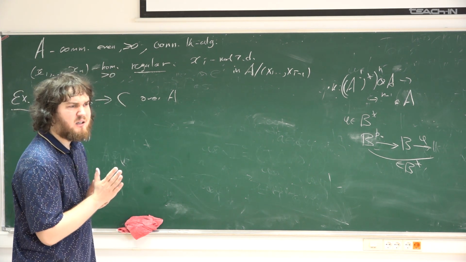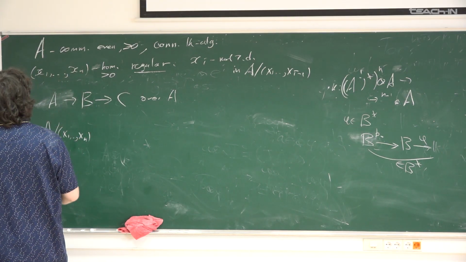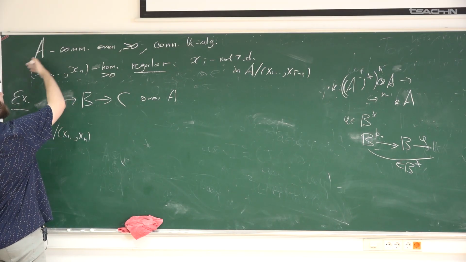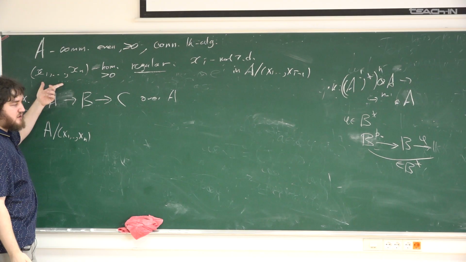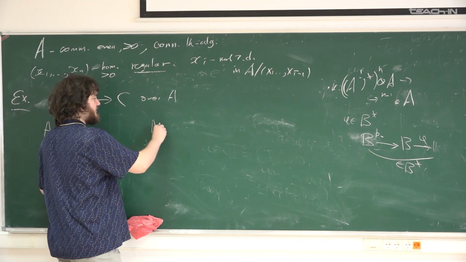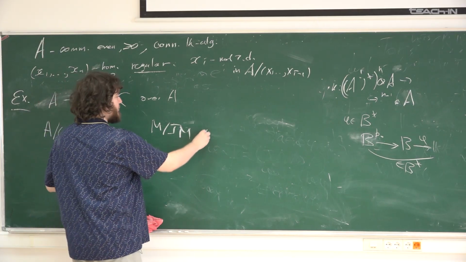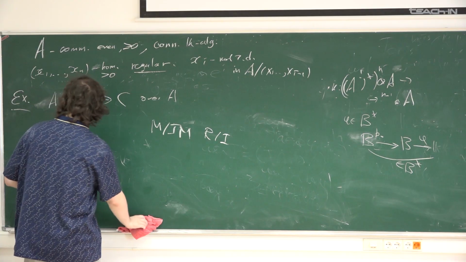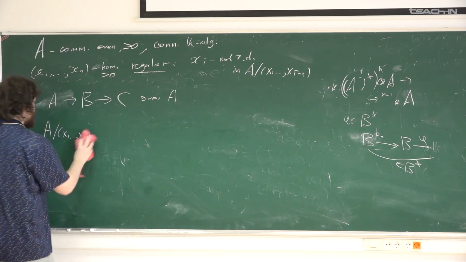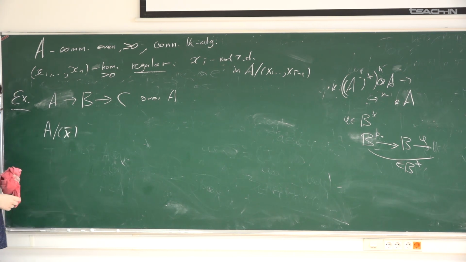This is a sequence, but also this is the ideal generated by these elements. And for any module, I can consider a quotient by some ideal. And this is a module over A modulo the ideal. Let me denote such an ideal by X for simplicity.